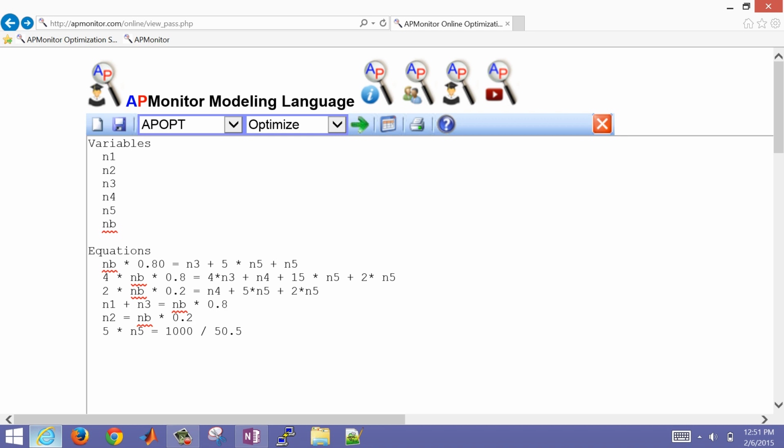Let me just summarize that. We took a story problem, and we mapped out all the different units. We did degree of freedom analysis. If it was reacting, we did an element balance for the degree of freedom analysis. And then we saw that the reactor had 0 degrees of freedom. So from there we started with the reactor, set up our balances, and then added 2 more for N1 and N2.